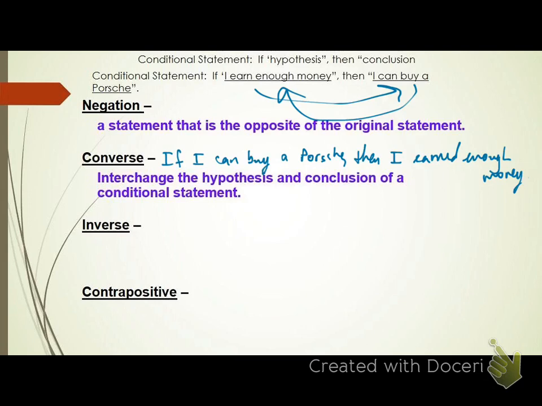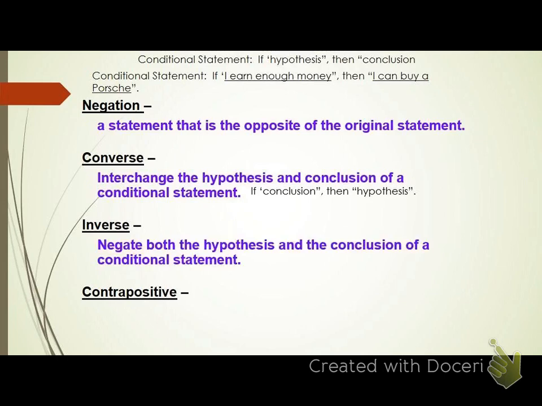The inverse comes from negating the hypothesis and the conclusion of the original if-then, right? So if not the hypothesis, then not the conclusion. In other words, just not the original if part.